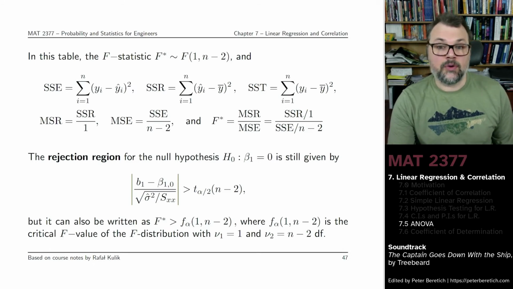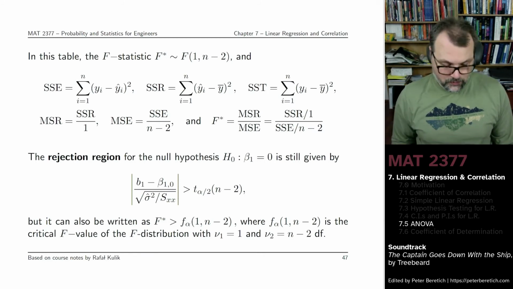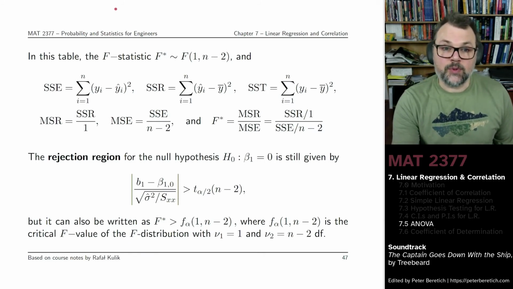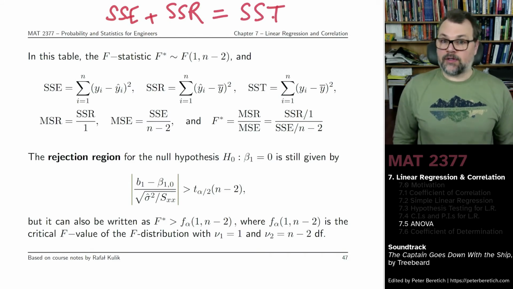And the total sum of squares would be the sum of the squares of the difference between the observations and the average value of the observations y. One of the things we do get is that the sum of squares of errors plus the sum of squares of regression is actually equal to the sum of squares total.